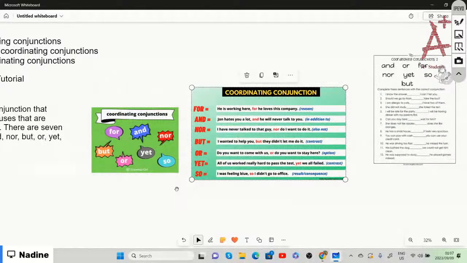For: when we use the word for to connect either words or phrases, it means that we are showing a reason.